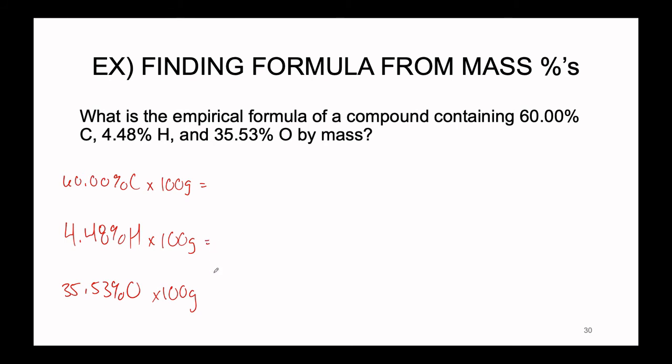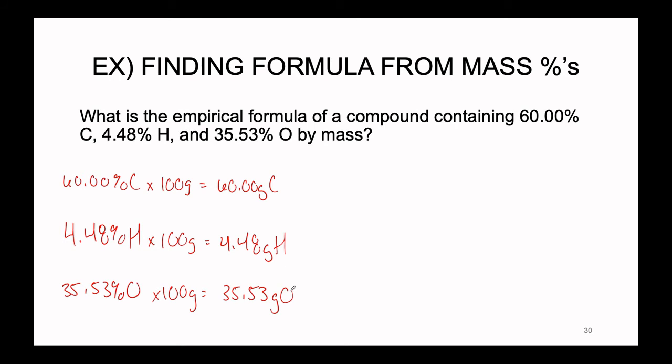And this is going to allow us to drop the unit of the percent and insert the unit of the gram. So we're actually working with 60.00 grams of carbon, 4.48 grams of hydrogen, and 35.53 grams oxygen. All right, so that's step number 1. Get out of the percent and into the gram.